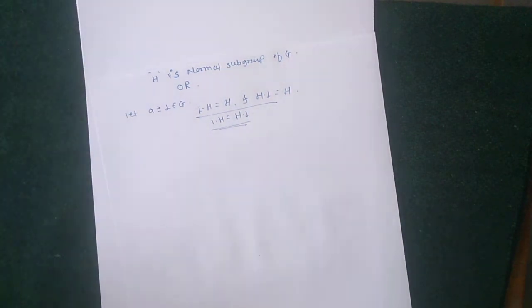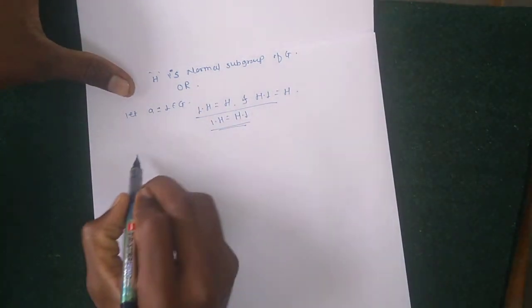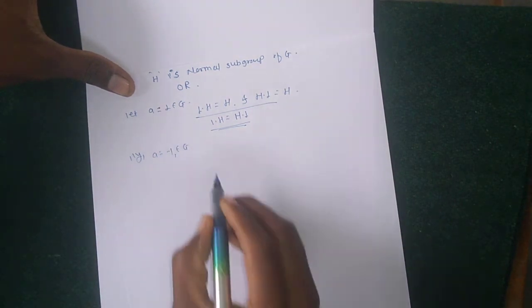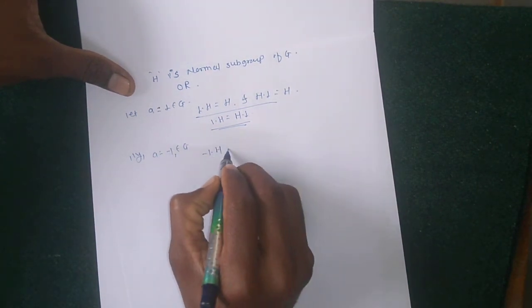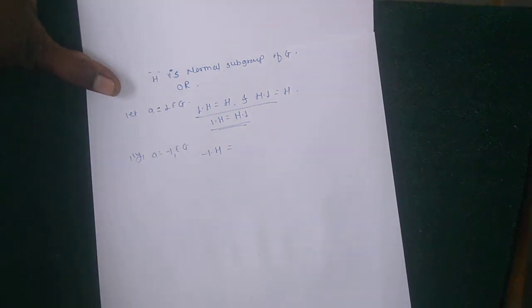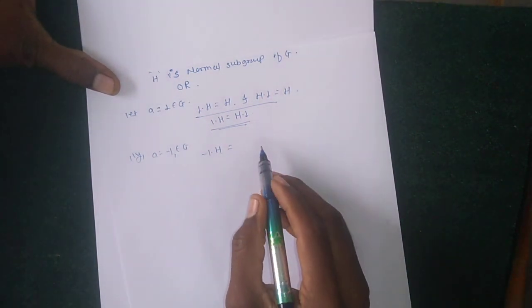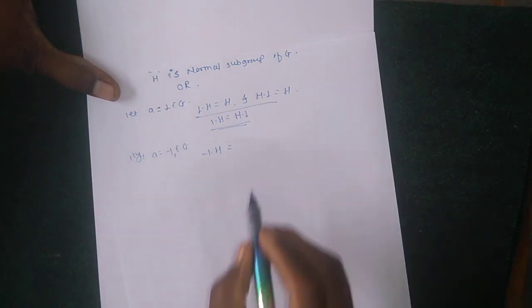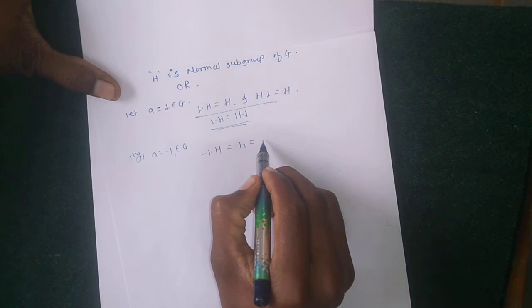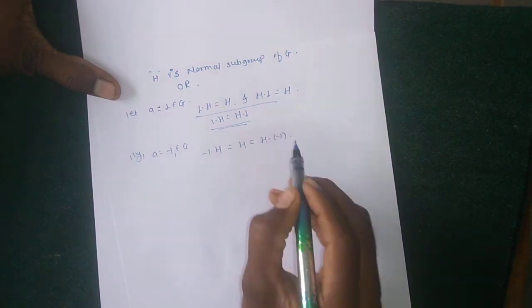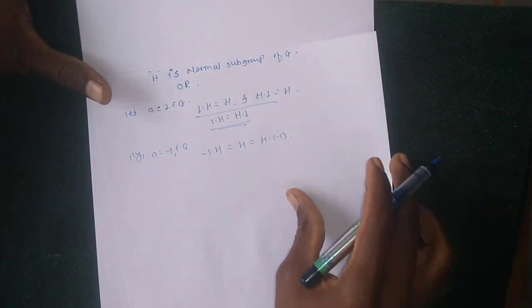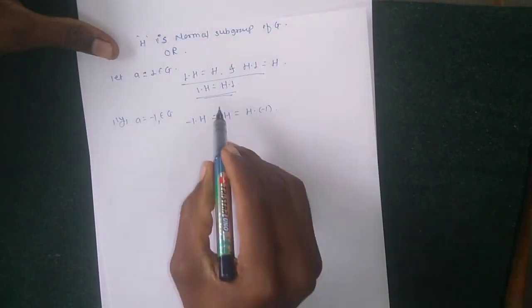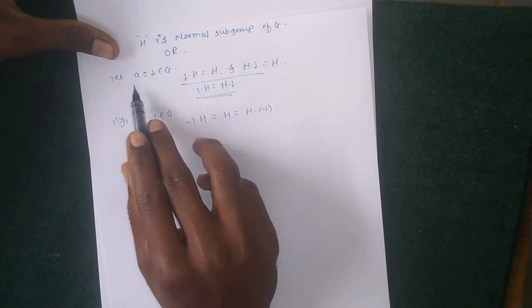Similarly for a equal to minus 1, minus 1 times H equals H itself, and H times minus 1 is also H. So left and right cosets are the same for 1 and minus 1.